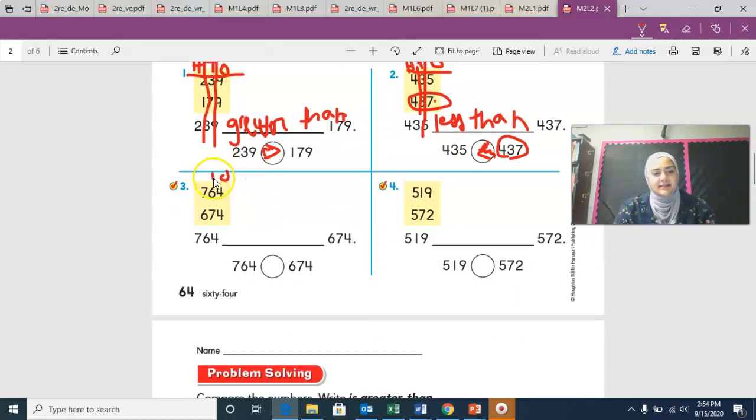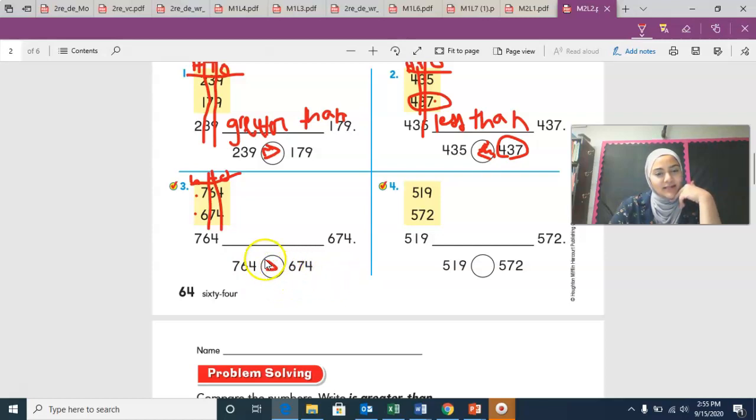Ones, tens, hundreds. Separate, separate, line. What place value will we look at first? What's the greatest place value? 100. 100 is the greatest or biggest place value. So looking here, is 7 bigger or is 6 bigger? 7 is bigger, so we know which number is greater. We know 764 is greater than 674.